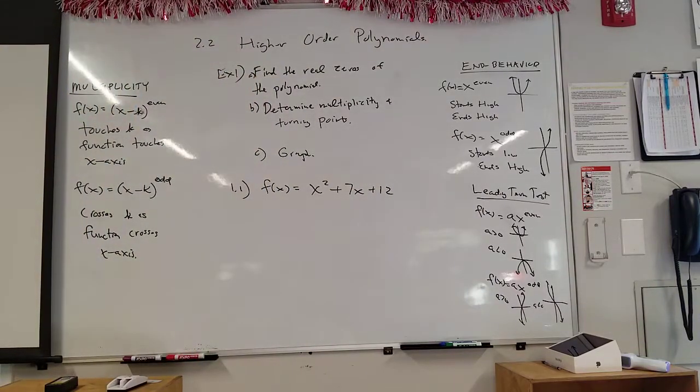Real quick here. As we get into higher mathematics, the things that we're quite careful about are where it crosses the x-axis and the y-axis. Anytime it changes direction, those are sort of critical points. But here we're really going to talk about the x-axis.